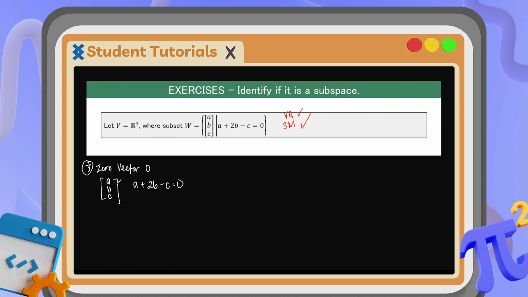If we replace all of these with 0, we should still satisfy the property. So that gives us 0 plus 2 times 0 minus 0 is equal to 0. And when you add them together, that gives us 0 equals 0. So we satisfy the property, therefore, the 0 vector actually exists in the subset, which means that once we have applied all three properties, the subset is considered to be a subspace.